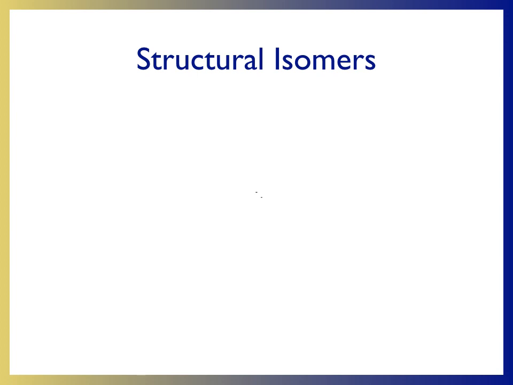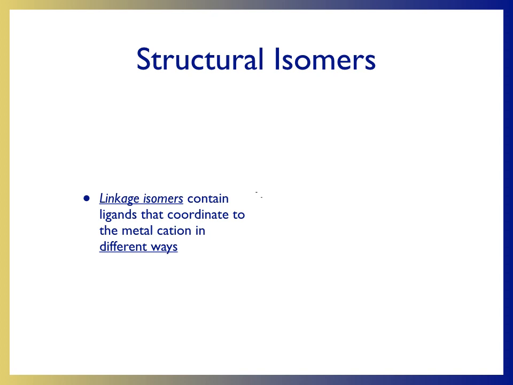The second type of structural isomer that's seen are linkage isomers. This occurs when different ligands connect through a different atom to the complex ion itself. There are four types of common ligands that can do this. In the next slide, we're going to see an example of the nitro ligand forming linkage isomers with a complex ion.